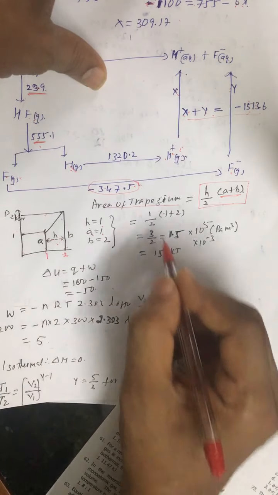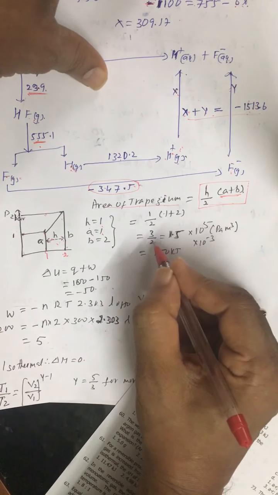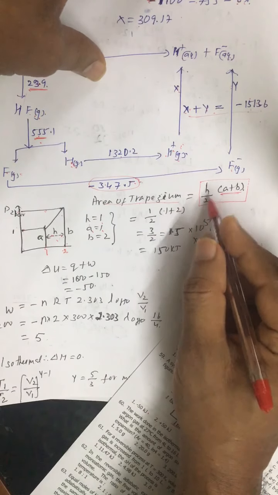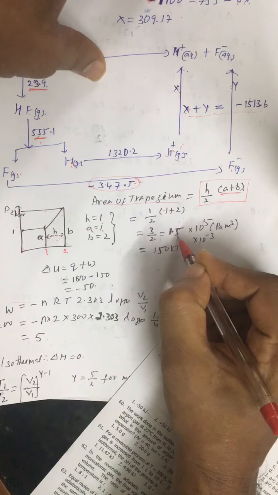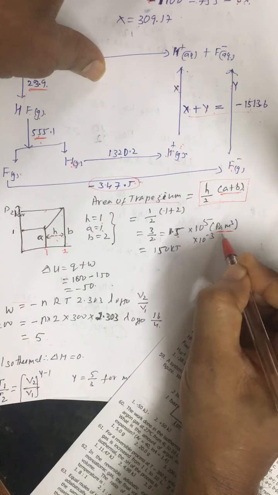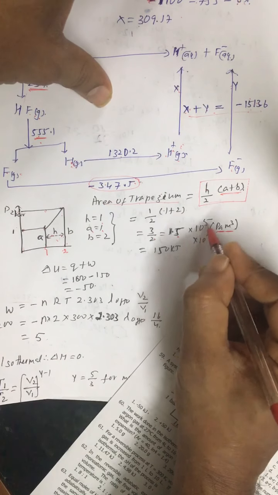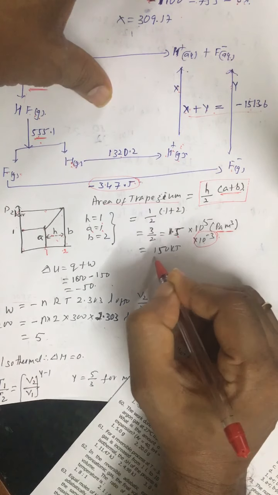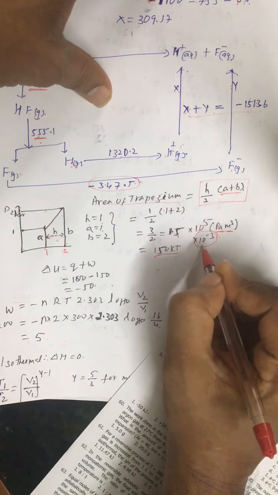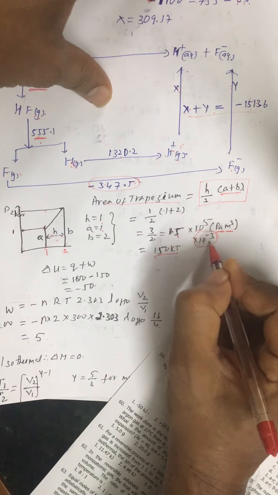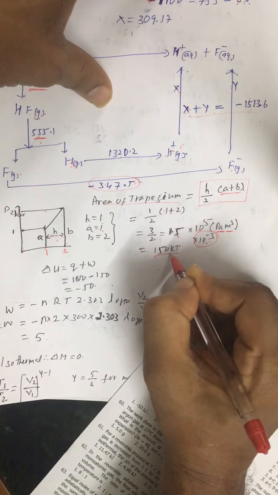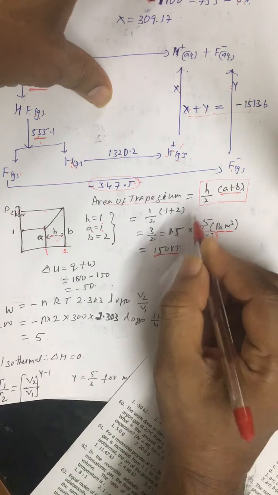Alright, so if you calculate, you get around 3 by 2, that is 1.5. If you convert it into Pascal meter cube, you get this value into 10 raised to power minus 3. It is converted into joules, and then by multiplying it with 10 raised to power minus 3, you are getting in kilojoules, 150 kilojoule.